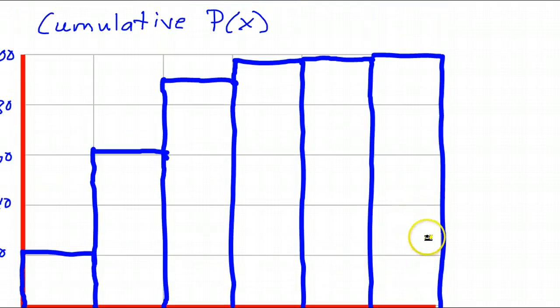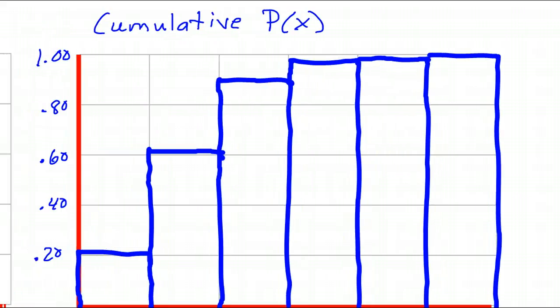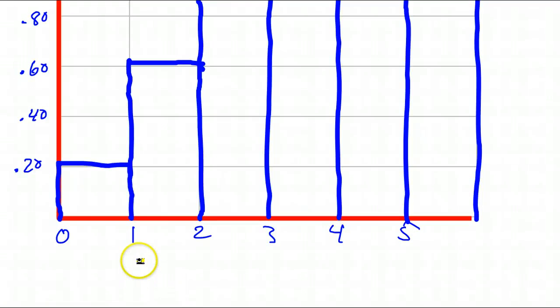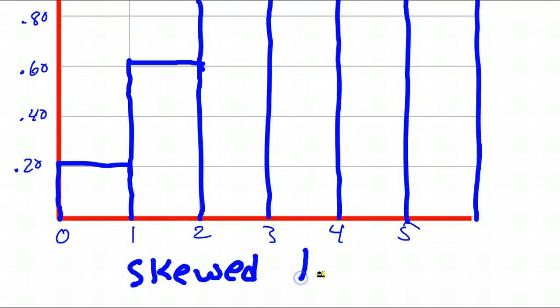Okay, so how do you think this one is skewed? Hopefully you can see that this is skewed to the left. Now, do you think that cumulative will always be skewed to the left?